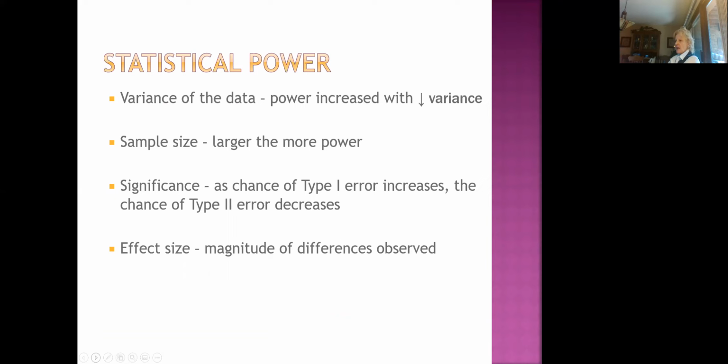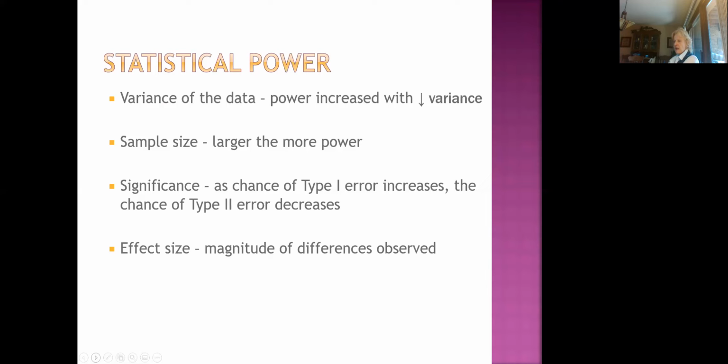There's variance of the data, and the power increases with decreased variance. So if you have a sample and they all have similar findings, you have decreased variance and you have increased power. You also can increase power with a larger sample size.